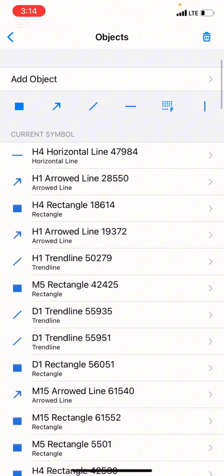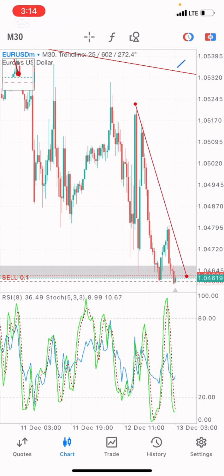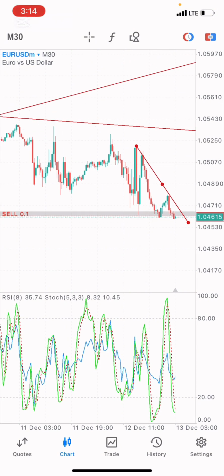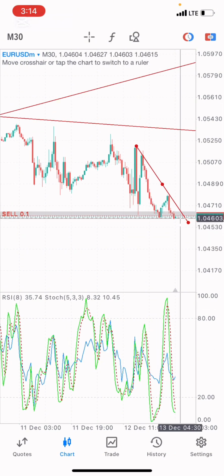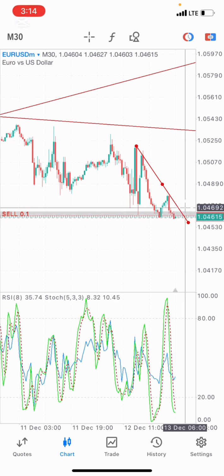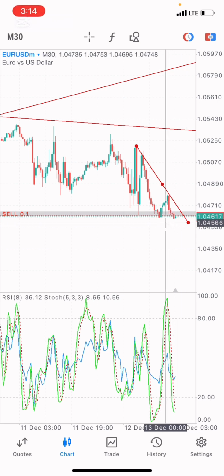So we now have a resistance trend. Those who have been watching my channel for long know what I call the resistance trend. This is the resistance trend for me, which is resisting market from pushing up. When market goes up, it hides under this trend line. But when this trend line breaks, then we are going to come out from the trade.